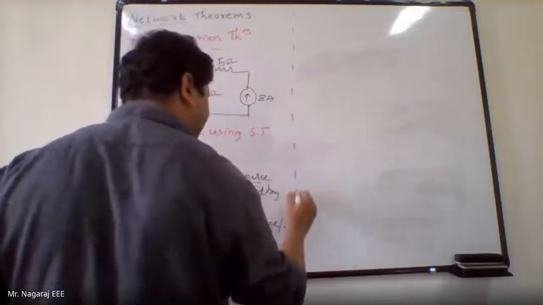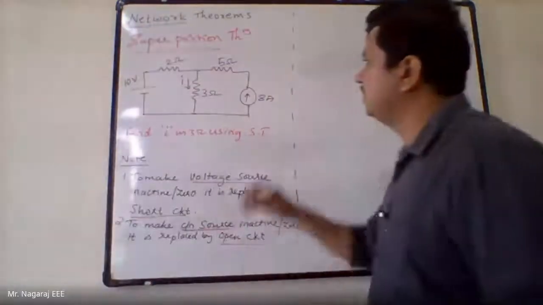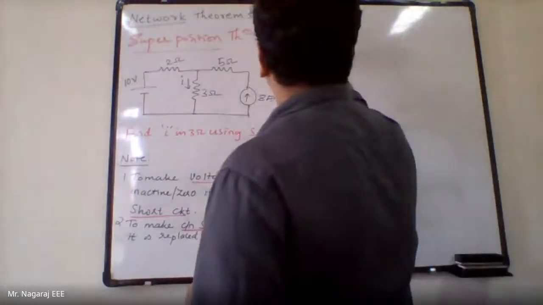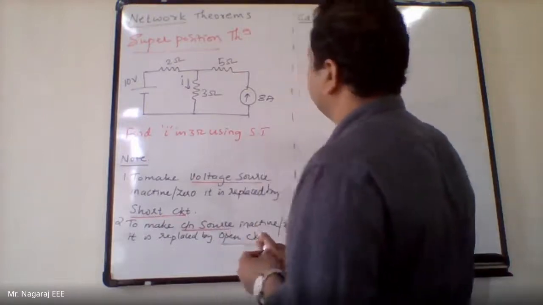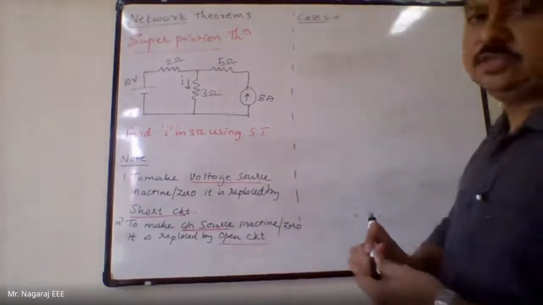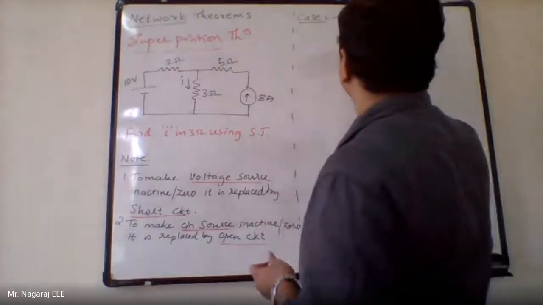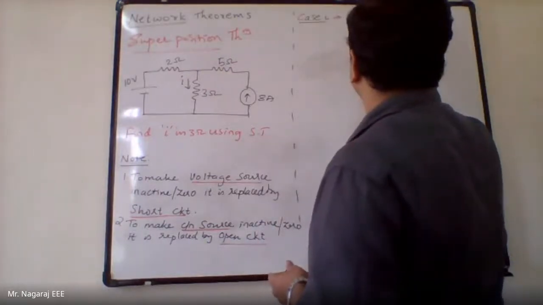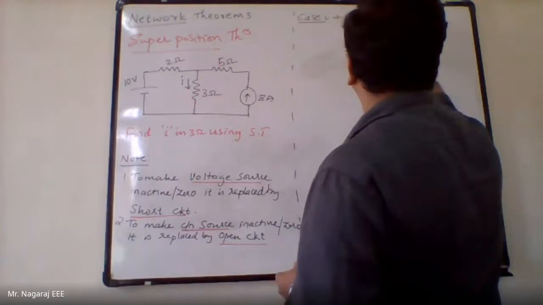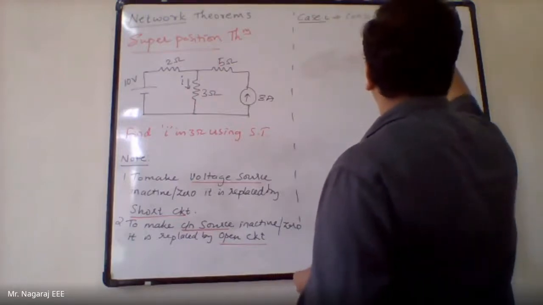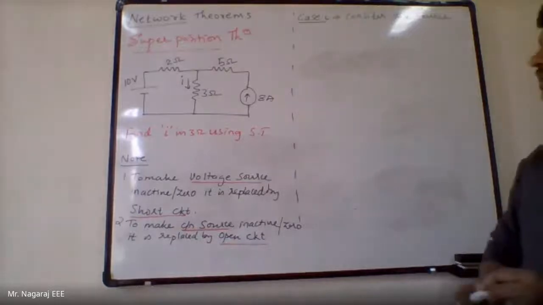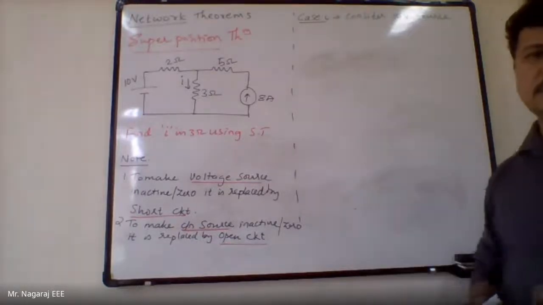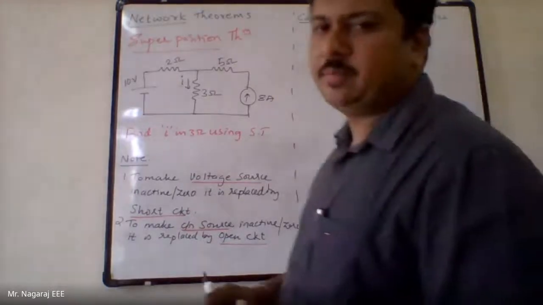Now, case 1, considering the 10 volt source. When I consider the 10 volt source, all other sources in the circuit should be kept inactive.